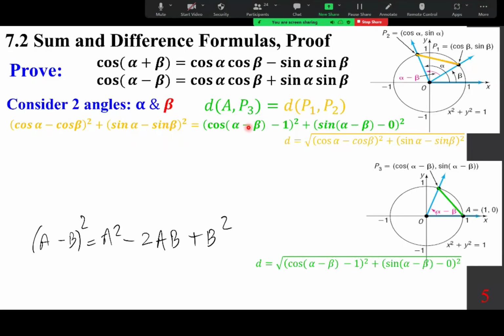This one, cosine squared of this angle, meaning cosine squared of alpha minus beta, minus 2 times the first times the last, minus 2 cosine of alpha minus beta, plus 1, because when you square this, plus 1. This one has no bearing, so it's just sine squared of alpha minus beta.